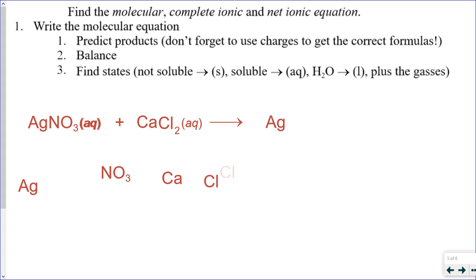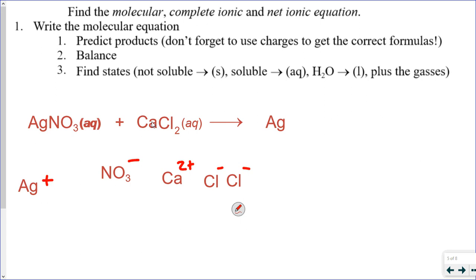For every one AgNO3, we get an Ag+ and an NO3-. And for every CaCl2, we get one Ca2+, and two Cl-. So when we do our double replacements, that's what we're really having to work with.